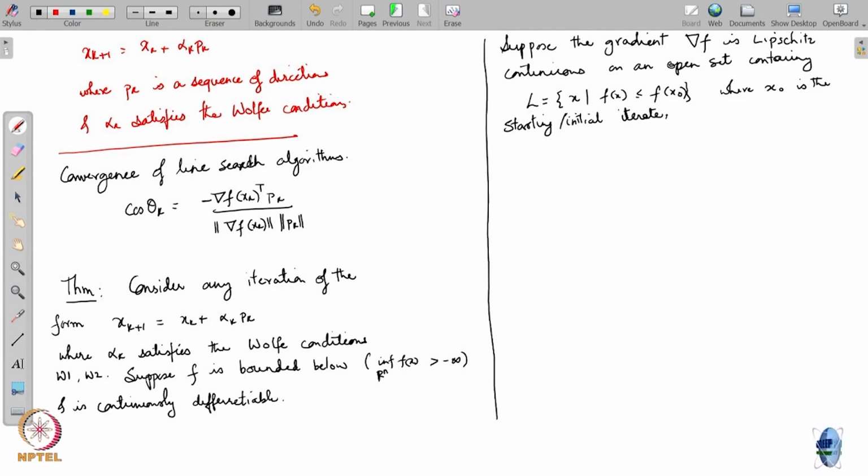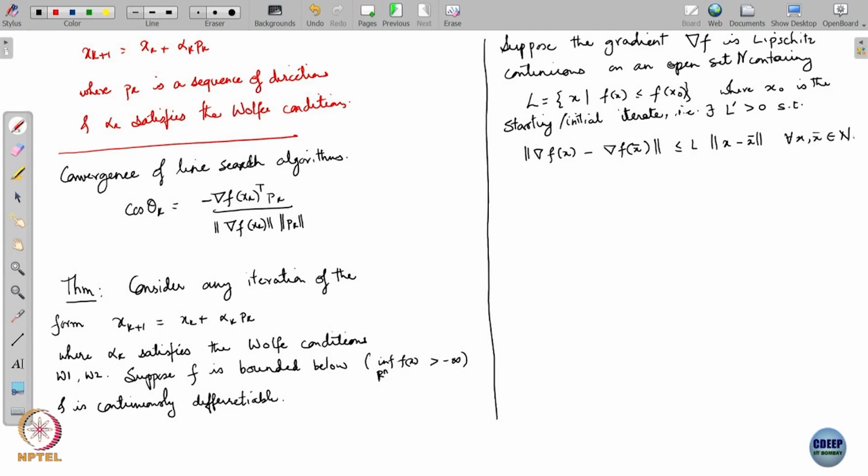That is, there exists an L' greater than 0, such that the norm of the gradient of f at x minus the gradient of f at x bar, for x and x bar in this open set, let us call it N, is less than or equal to L' times the norm of x minus x bar, for all x, x bar in this open set N.